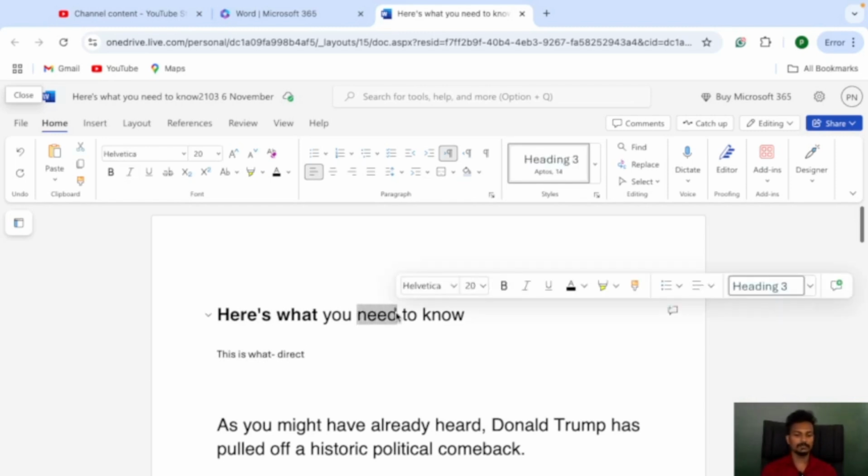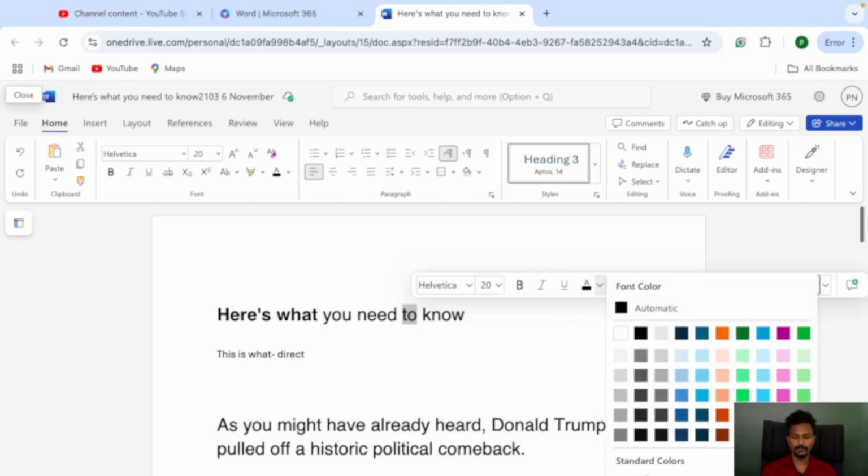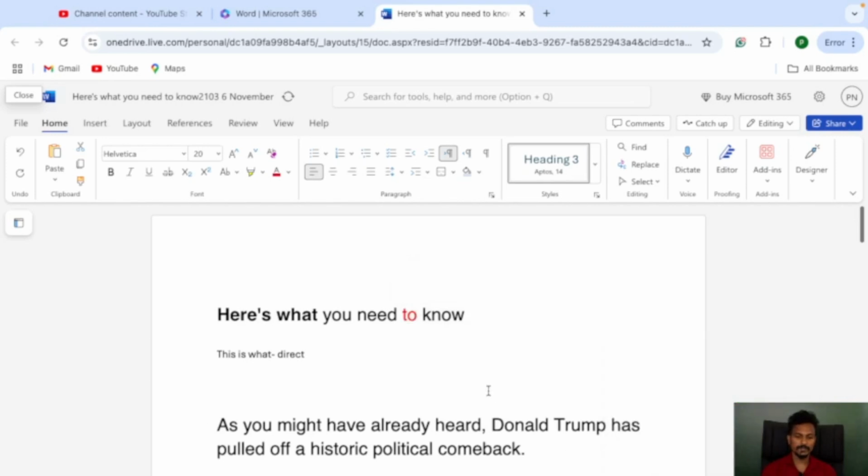You need. The verb, right? This is the main verb, need. It always takes the preposition to, an infinitive. So, for example, you need to know. You need to do.